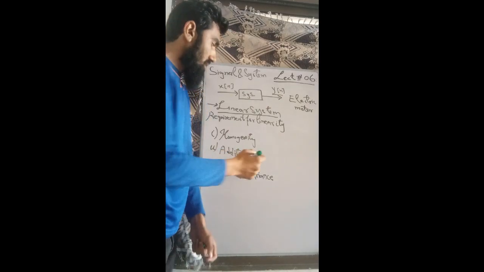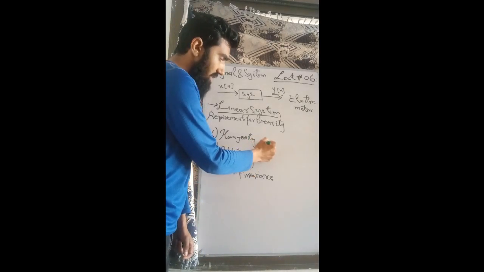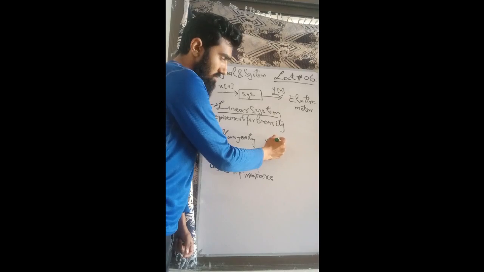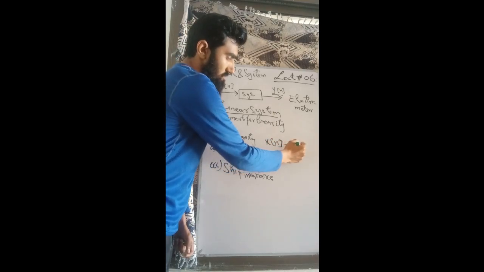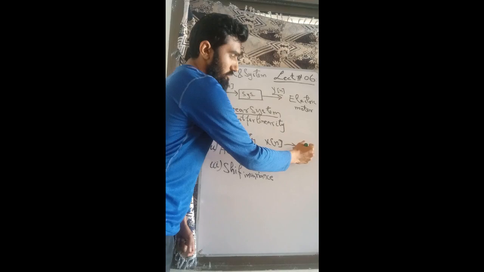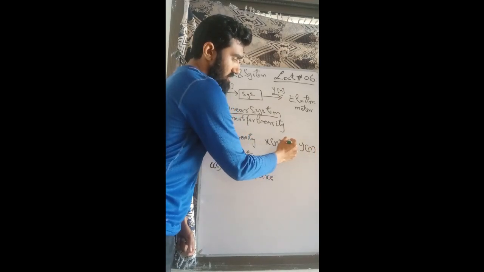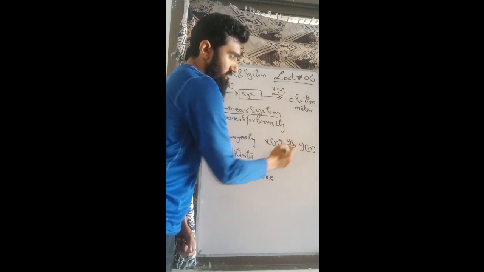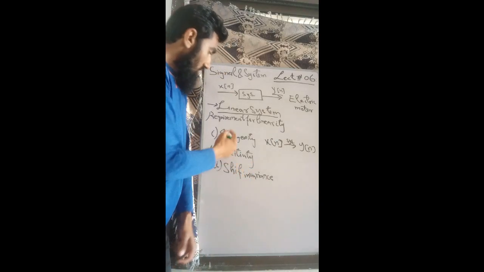What is the homogeneity property? Let's suppose we have a signal x of n, which we give to a system, and it will produce a result y of n. This arrow is the system. So what is homogeneity?